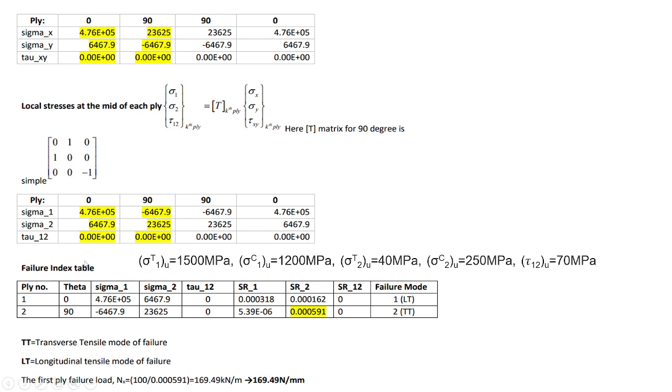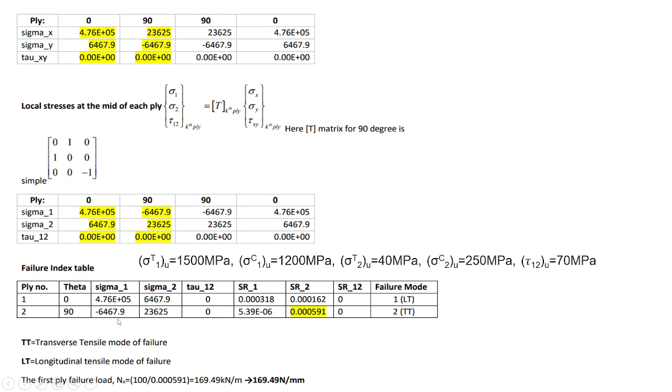The stress ratio is found as sigma 1 divided by the ultimate. So this is the value you will get. For sigma 2, the ultimate tensile in the transverse direction is given, that is 40 megapascal, and here you have got the value.